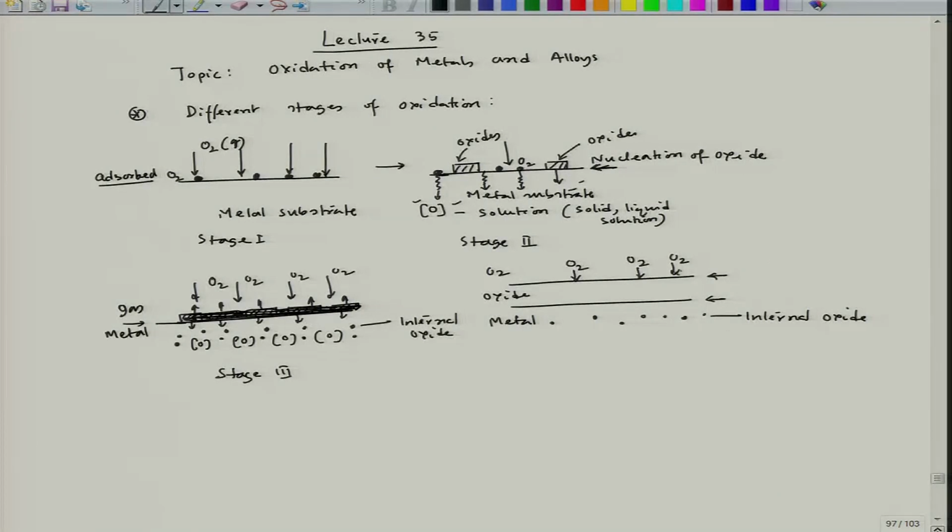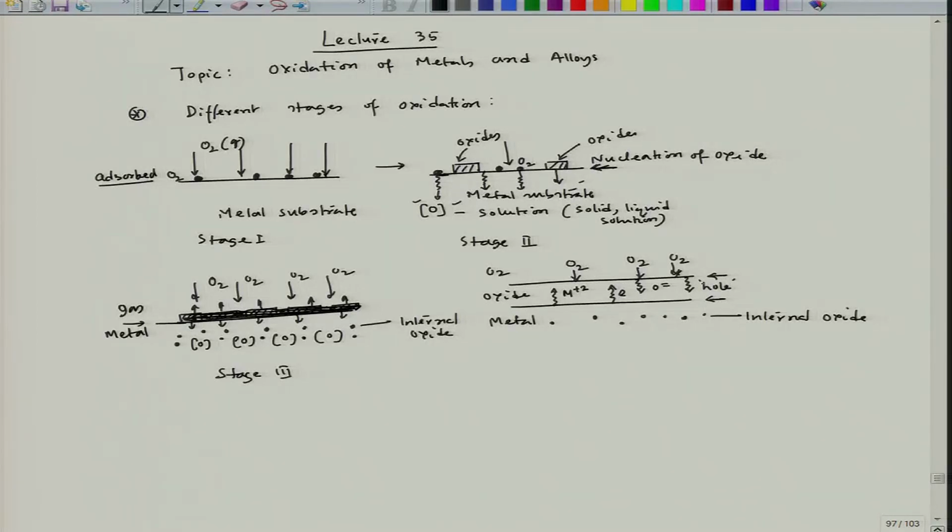Now, interestingly, through this oxide, I can have metal ion flow, or I can have oxygen ion flow, I can have electron flow, I can have hole flow.